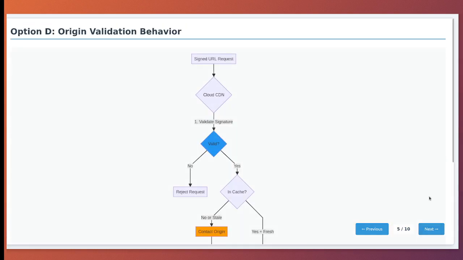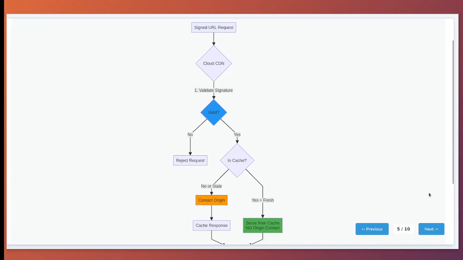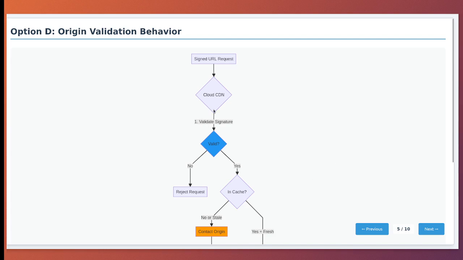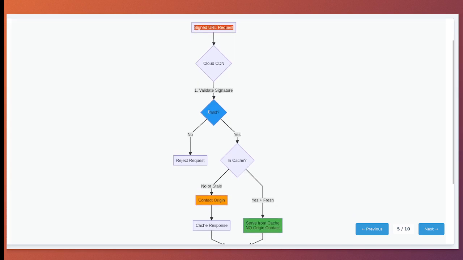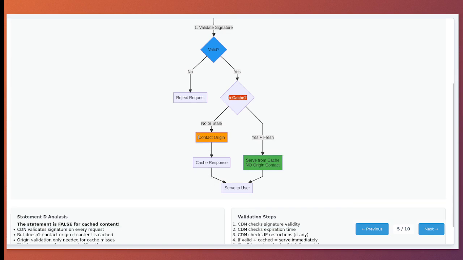Option D. Origin validation. Option D states, signed requests must always be validated at the origin before serving the response. Let's think about this carefully. This statement is false for cached content. Once the Cloud CDN has validated a signed URL and cached the response, subsequent requests with valid signatures are served directly from the cache without going back to the origin.